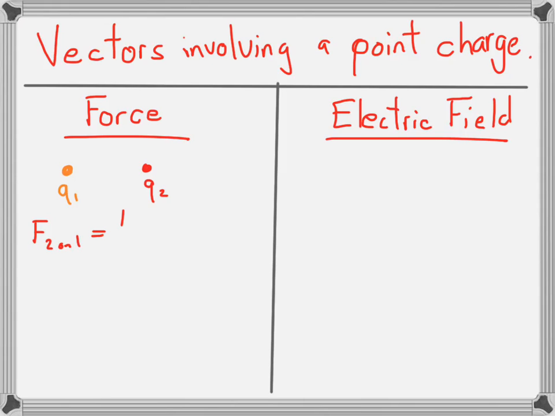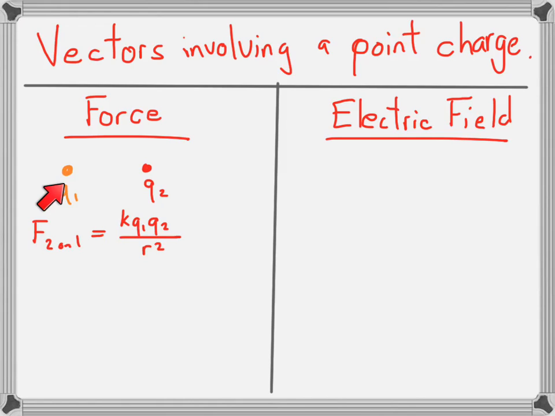So we have two charges, and we know that we can use Coulomb's law to figure out how much force is being exerted on Q1 by charge Q2. So how hard is this being pushed, and in which direction?